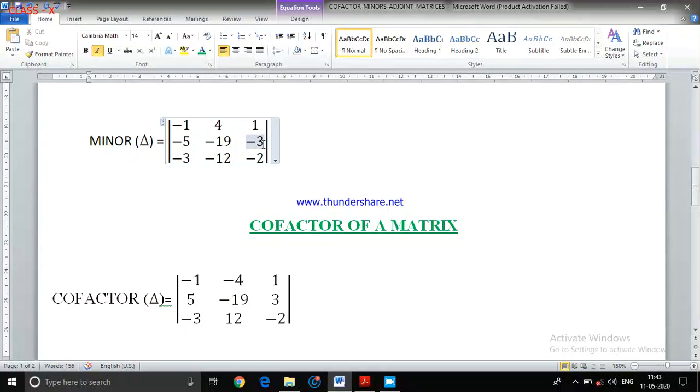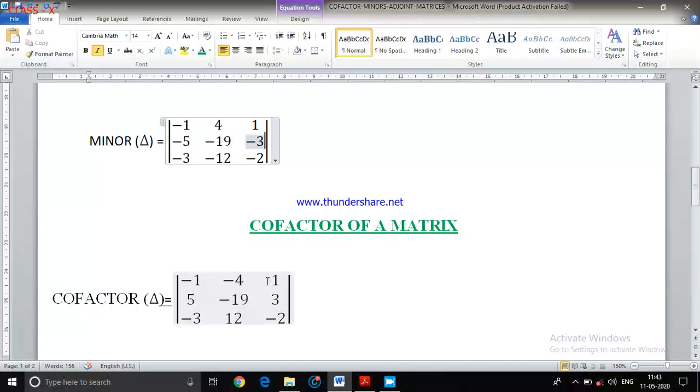Join 4, minus 5, minus 12, minus 3, back to 4. So it will form a rhombus. Only these 4 elements will change the sign from minor to cofactor. Rest all the numbers will remain same. Even those 4 elements are changing the sign: plus becomes minus, minus becomes plus. Okay, that's the cofactor of the matrix.